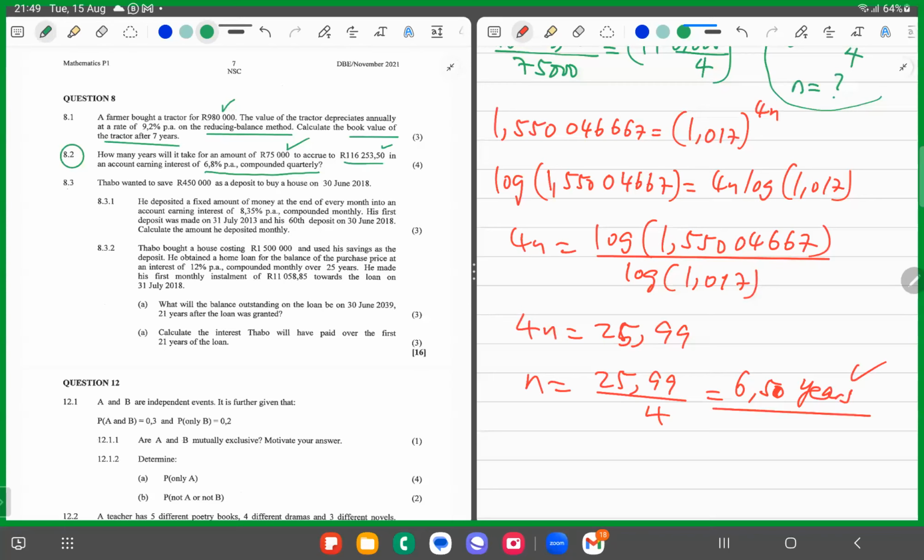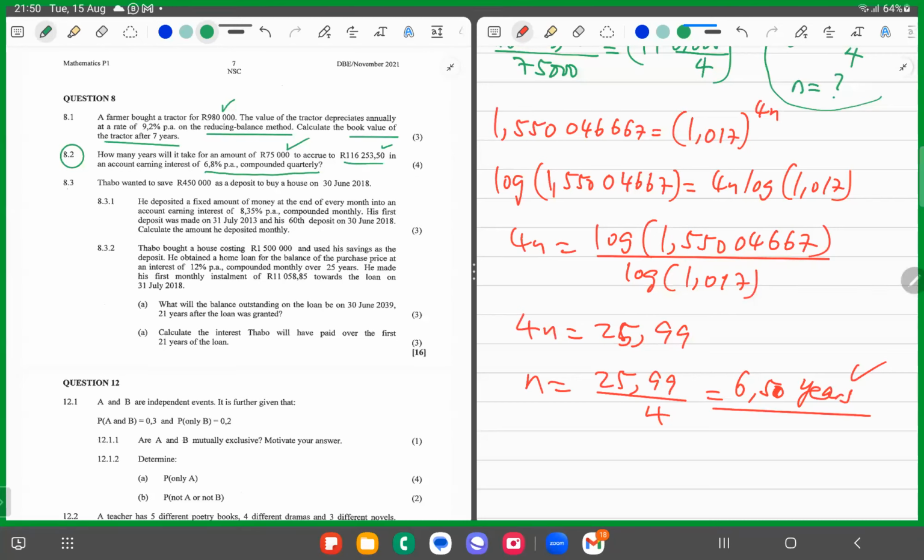So it means, therefore, it will take 6.50 years, because now they're asking, how many years will it take the amount of 75,000 to accrue to 116,253 rand and 50 cents. So it will take 6.50 years for that to happen.